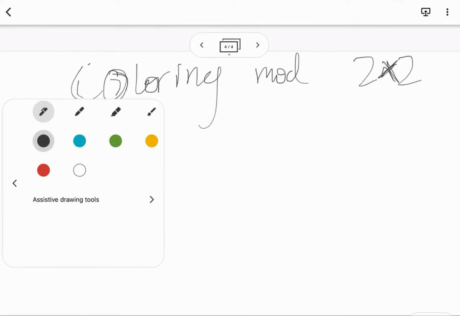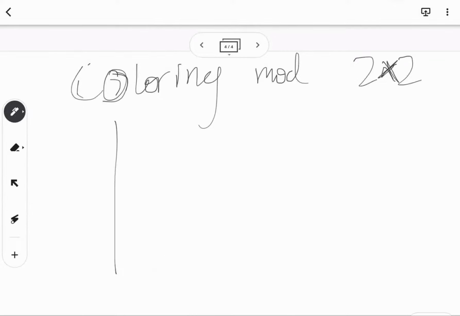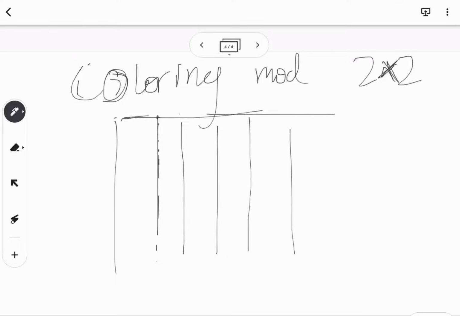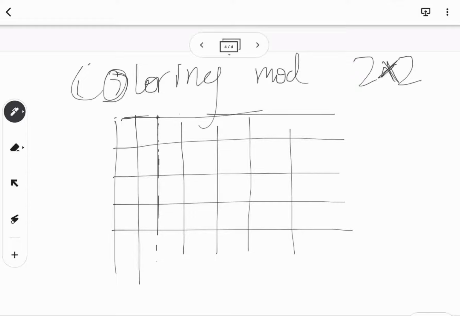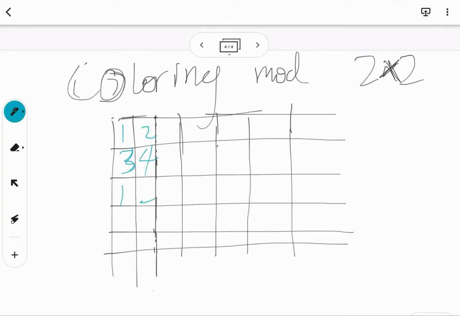So for example, let me start with a big grid. I'm just going to use the colors 1 through 4 because there will be 4 colors. So you do something like this. For each 2 by 2, you have the colors 1, 2, 3, 4 in this pattern.